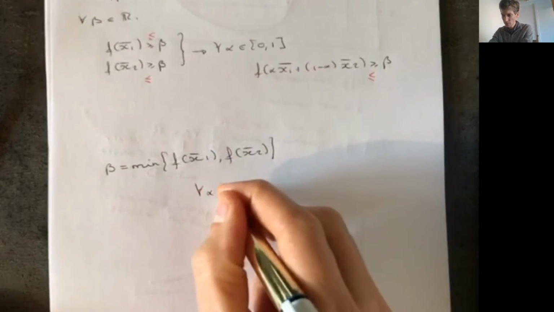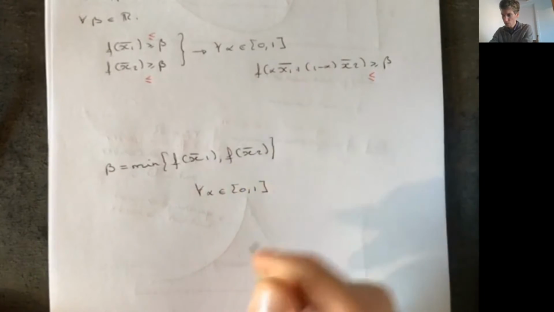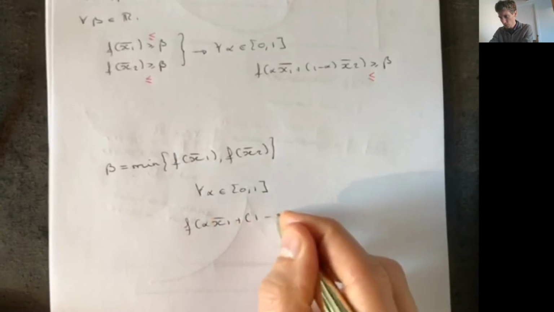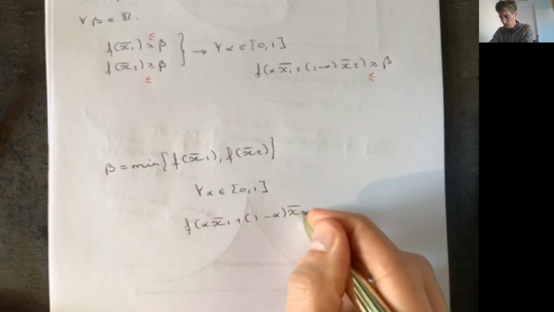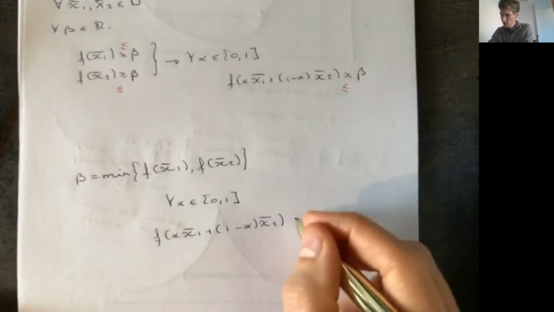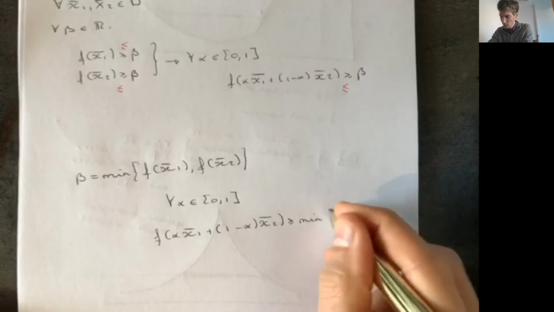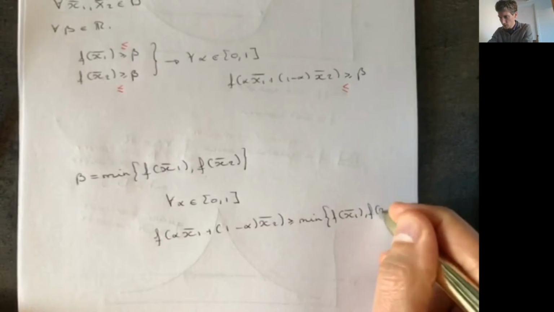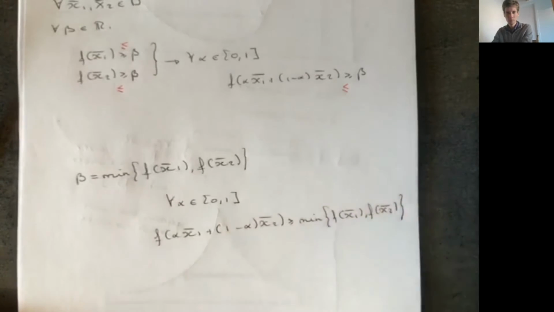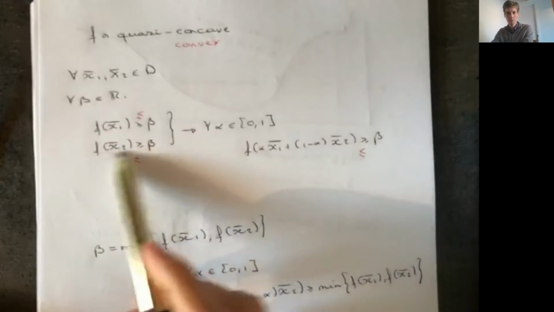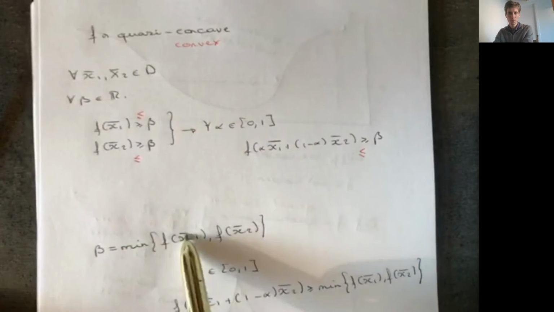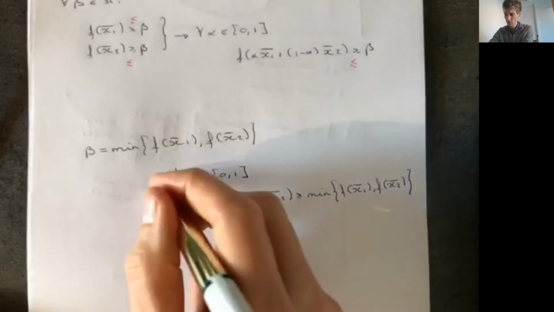Well, I get that for all alpha between 0 and 1, f of alpha x1 plus 1 minus alpha x2 is greater or equal to the minimum of f of x1, f of x2. Okay, so basically I'm just putting here beta equal to the minimum of both. Then if I plug in beta here, I get this condition.